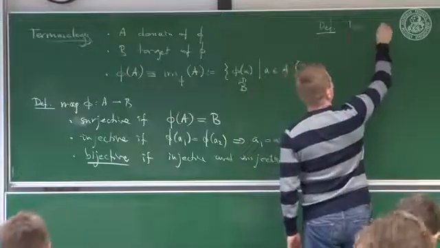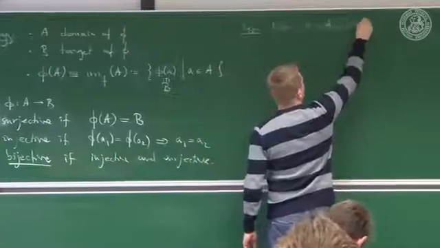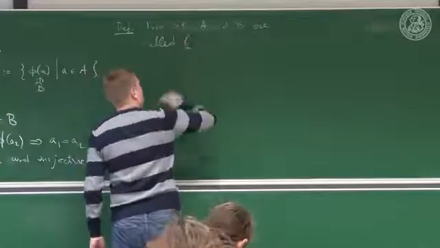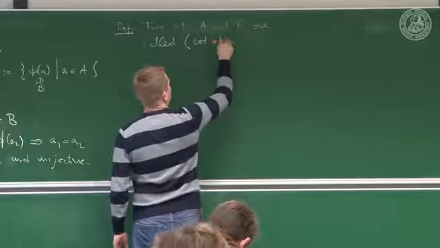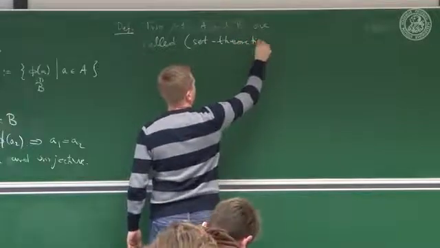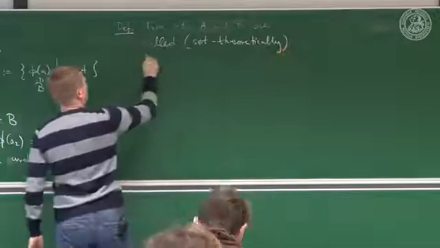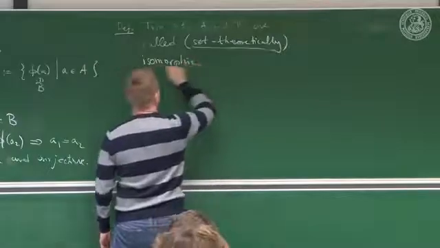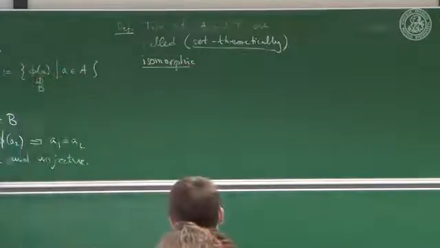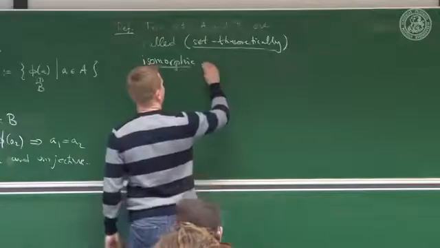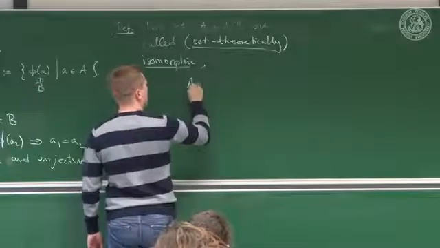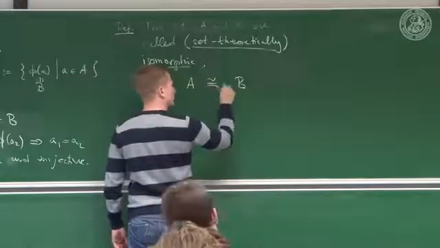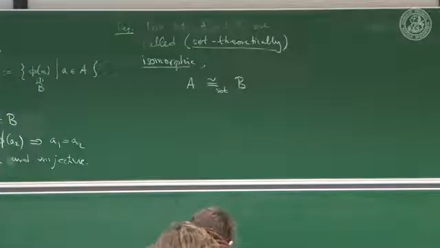Two sets, A and B, are called, I put the qualifier here, set theoretically isomorphic. So they're called isomorphic in set theory. And for this we write A equal with a twiddle on top B, and the qualifier set as a subscript.